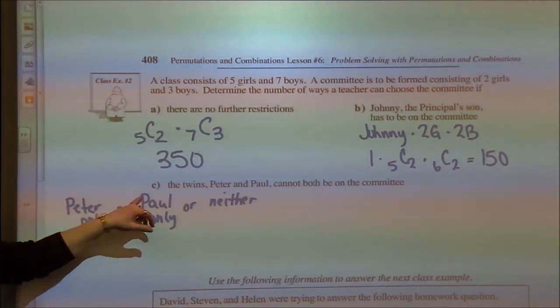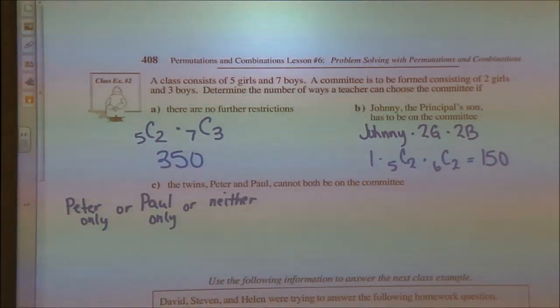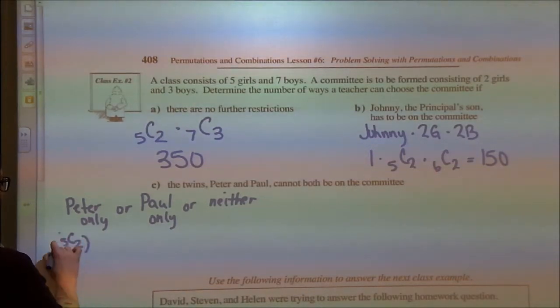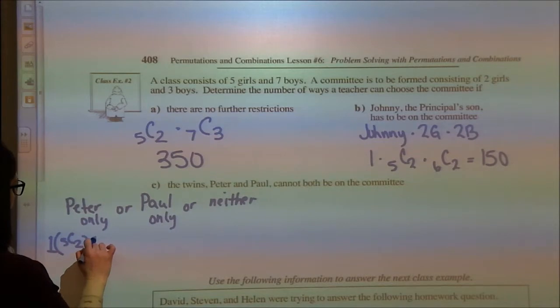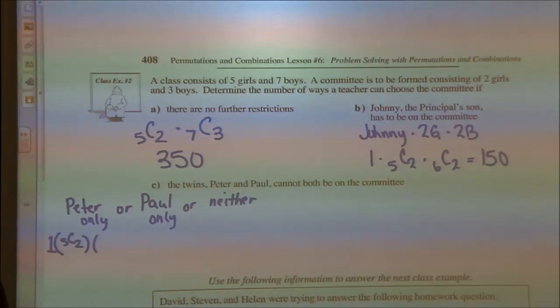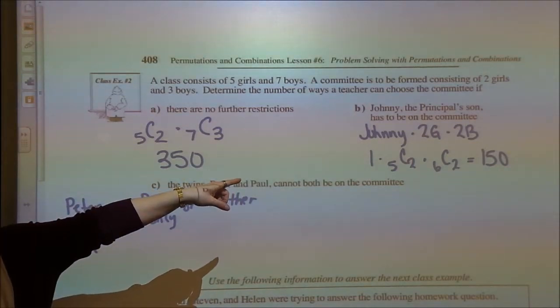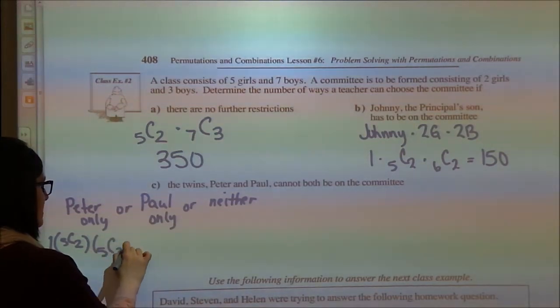So the Peter only and the Paul only is kind of the same as choosing Johnny. So I still have my girls, and I have Peter, so I'll put the one out in the front for Peter. And then I have, actually no, it's not quite the same. It wouldn't be 6C2, it would be 5C2, because I wouldn't be able to include Paul.